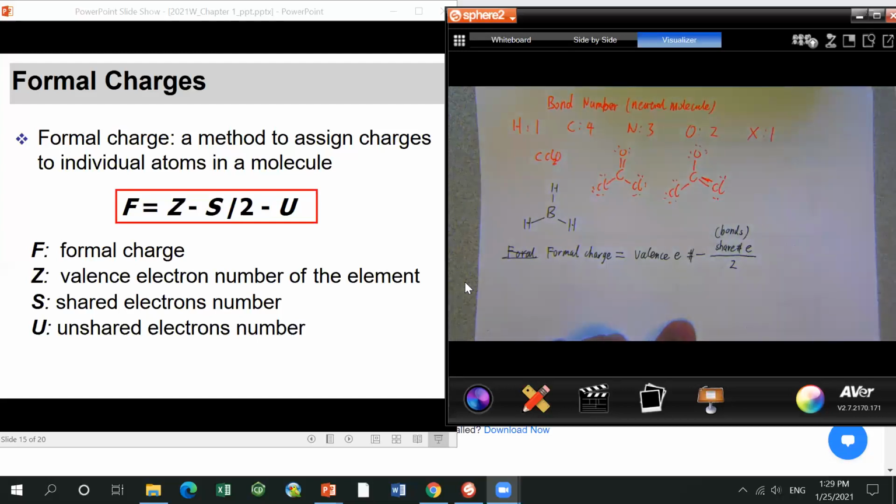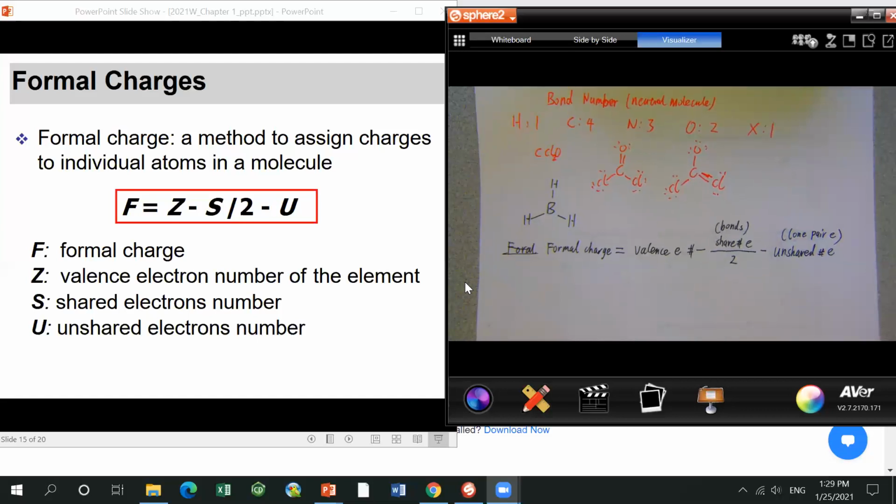You share them. And then minus all the unshared electrons, the number of electrons, which normally are the lone pair electrons. So that's pretty easy to remember.